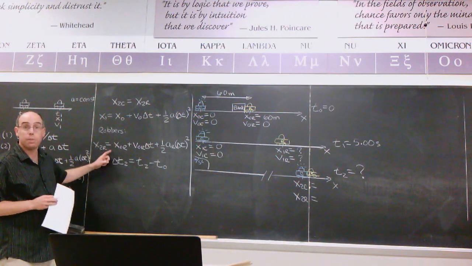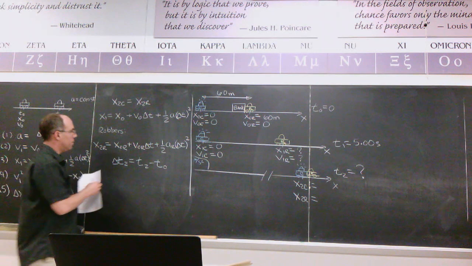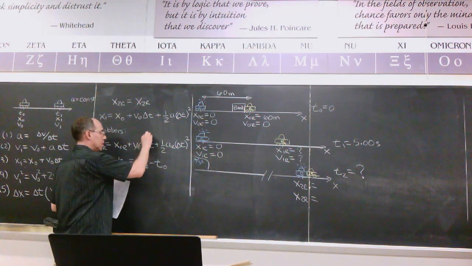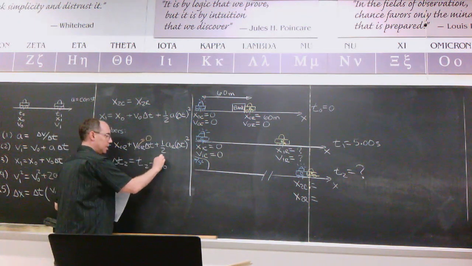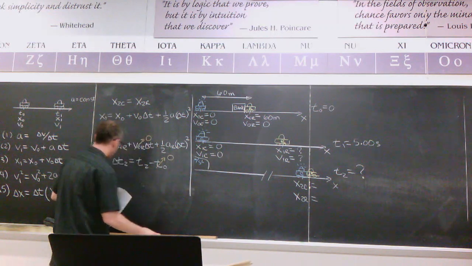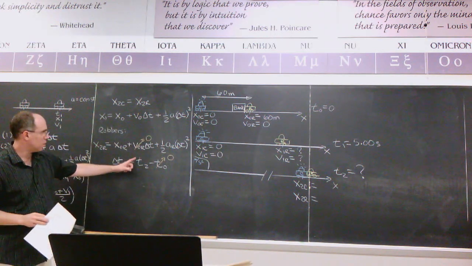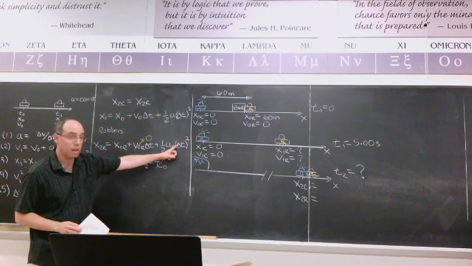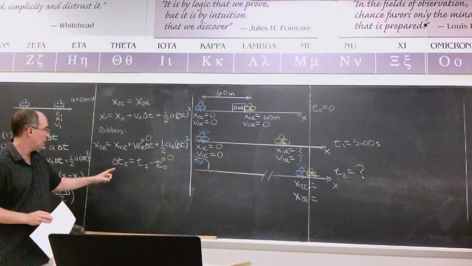Now, we can make some simplifications here. V0 robbers is 0. T0 is 0. And when we put this all together, we'll just change this delta t over here to t2.